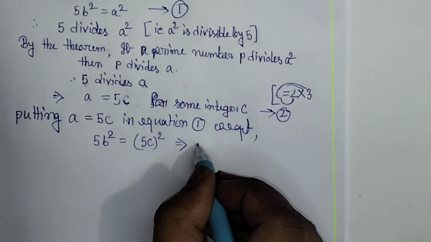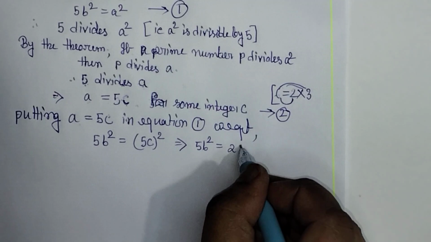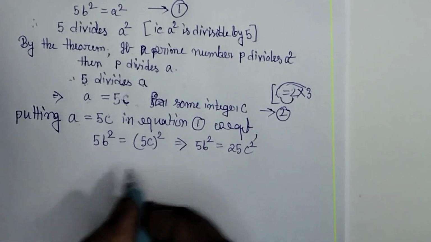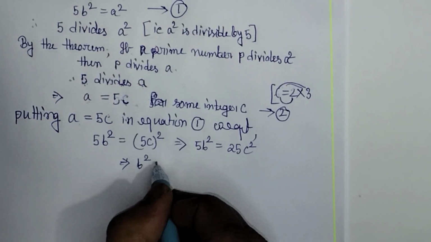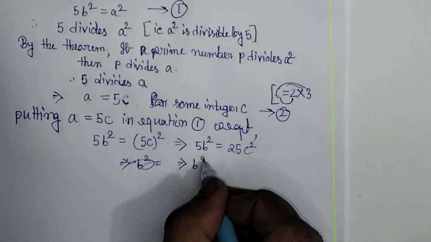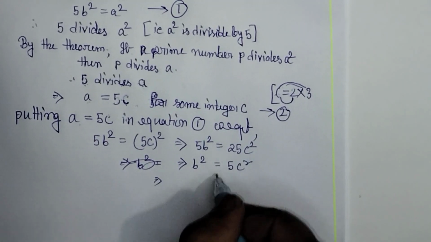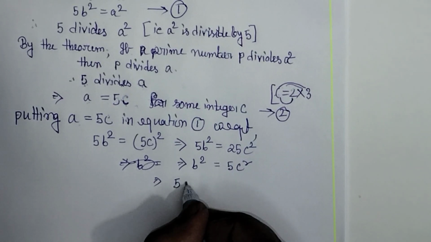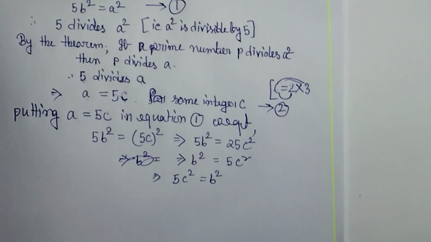So this implies 5B square equals 25C square. So B square equals 5C square. That is 5C square equals B square.